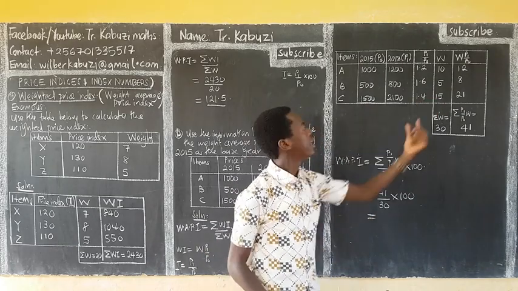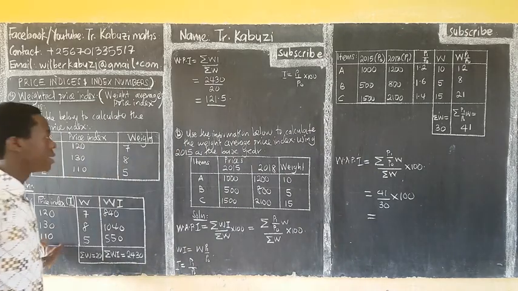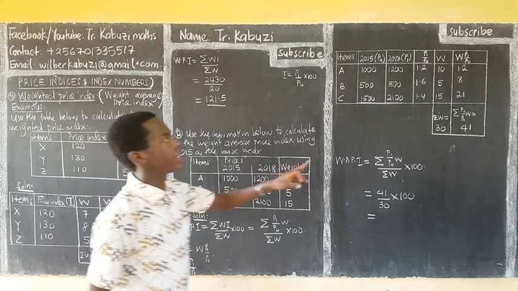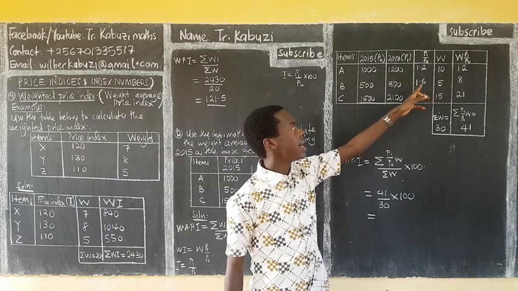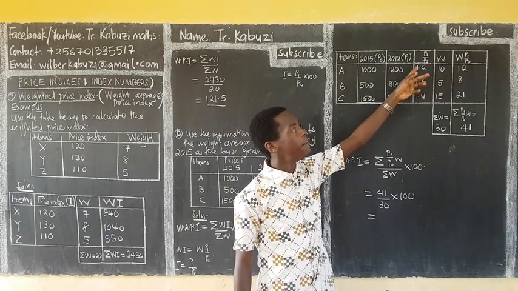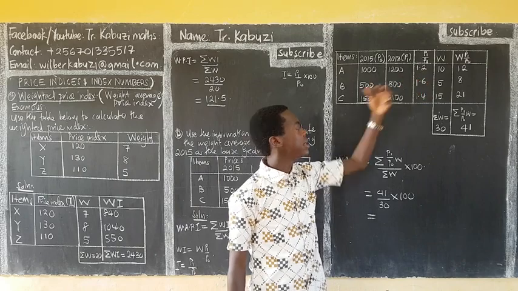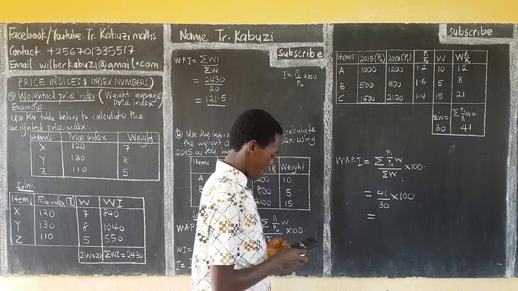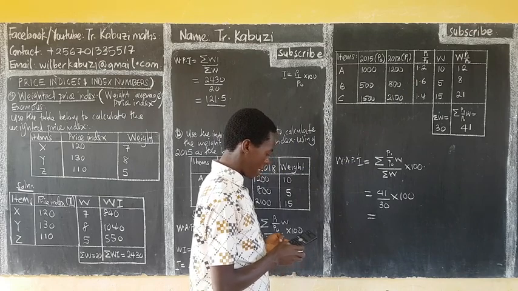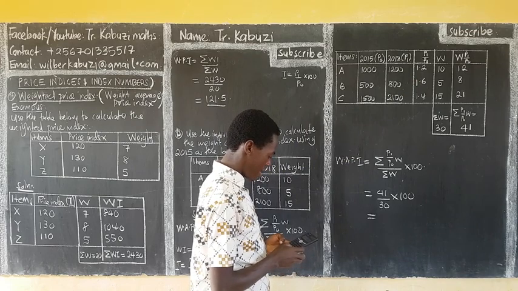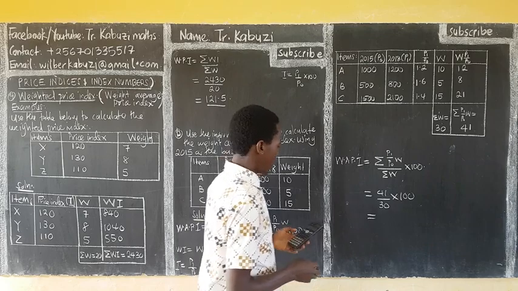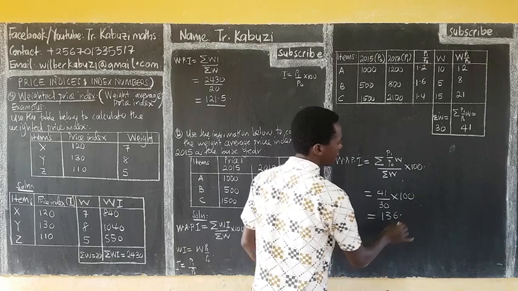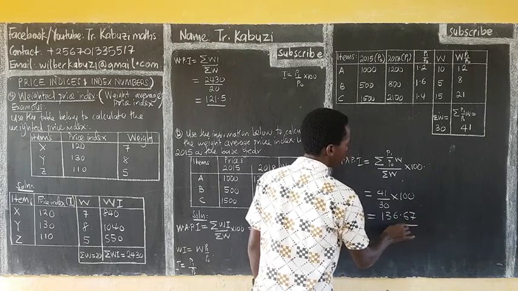When they are giving us price, these are not price indices. I'm getting just a ratio of P1 over P0. So when you press that on the calculator, then multiply by 100. The answer is 136.67 to two decimal places, and that would be the answer.